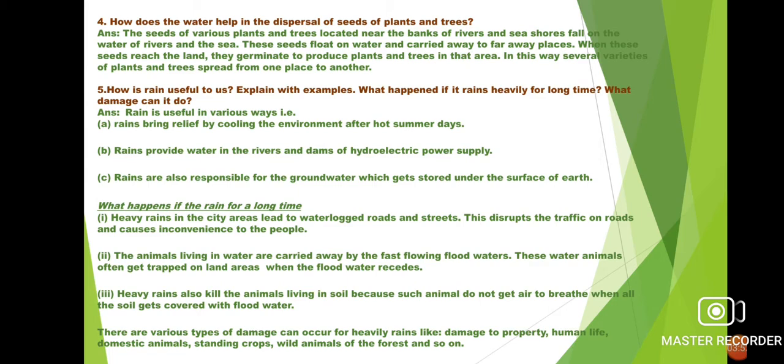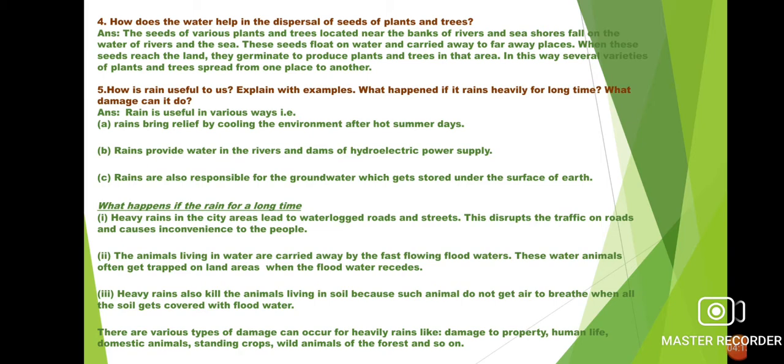Why? Because a few seeds, like the seeds of water lily, have a spongy outer covering, so they float in the water, whereas coconut has a fibrous outer coat that also floats in the water. So these seeds float in the water and are carried away by the water current to far away places.